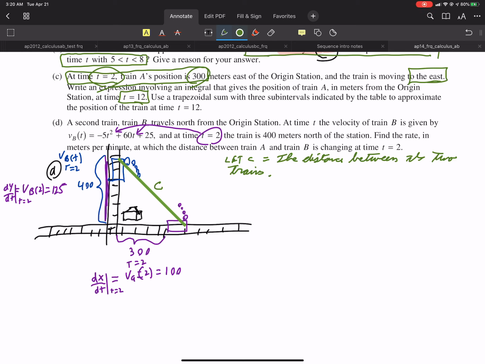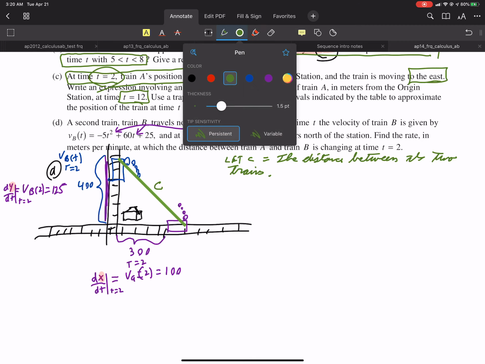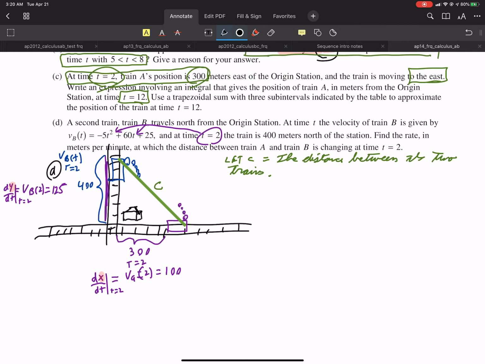All right, so now let's look at this. We have dy/dt, dx/dt, and what do they want from us? They want the rate at which the distance between train A and B is changing.